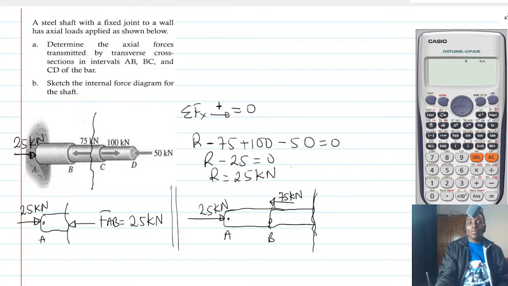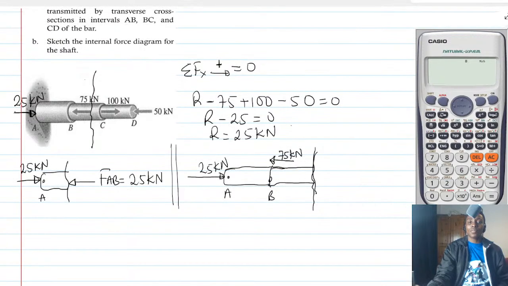So now, looking at it carefully, you want to ask yourself, what is the force needed here for equilibrium? If I sum the forces here, positive in the direction, this is 25.